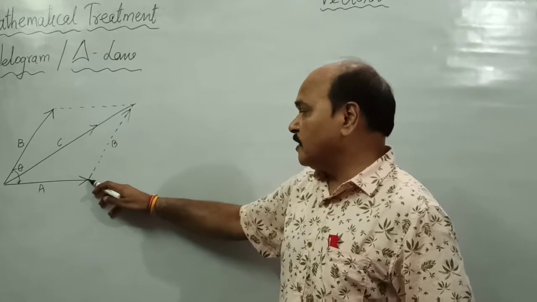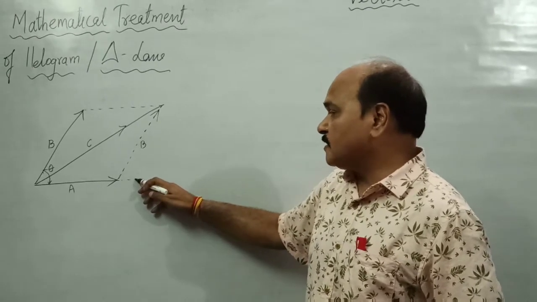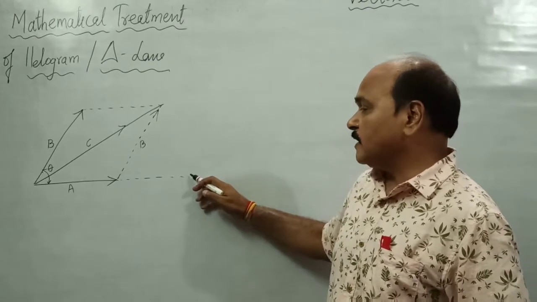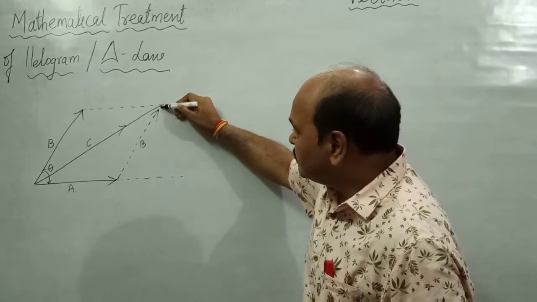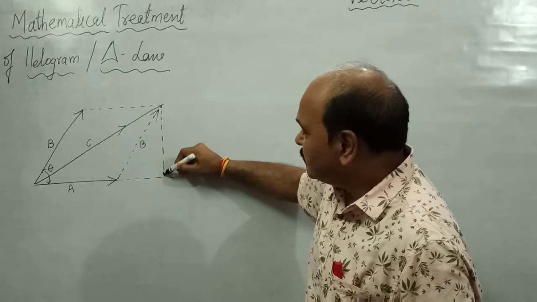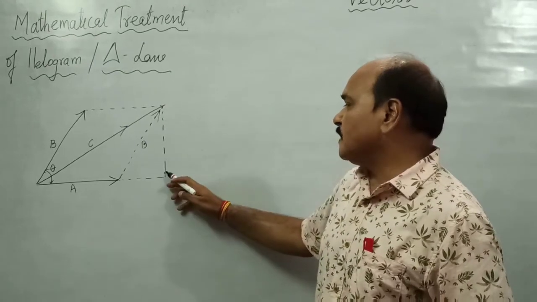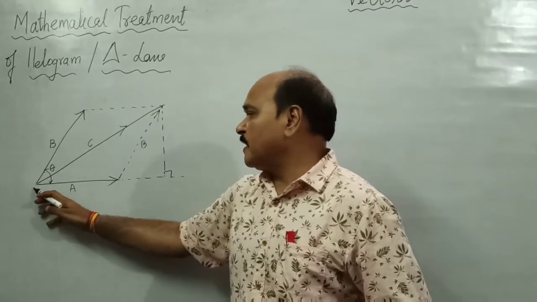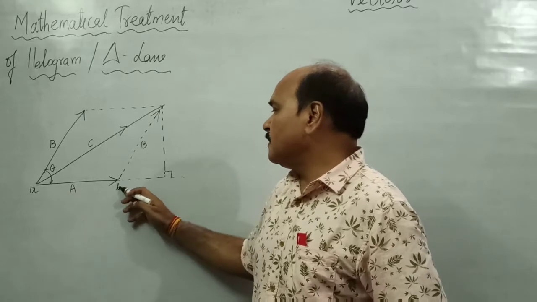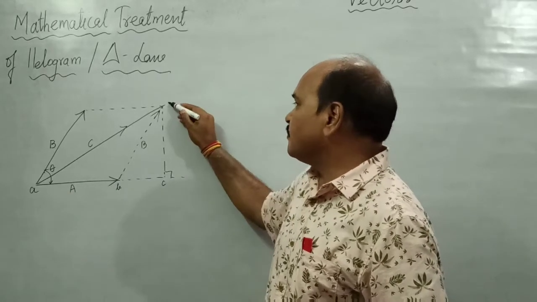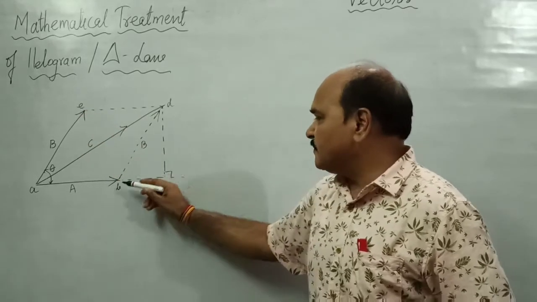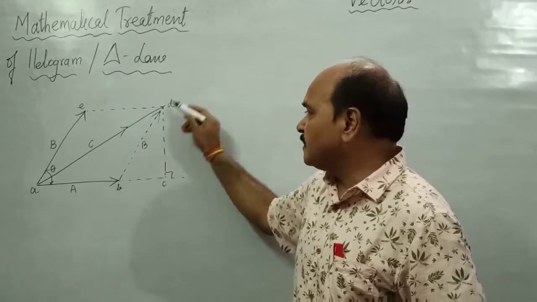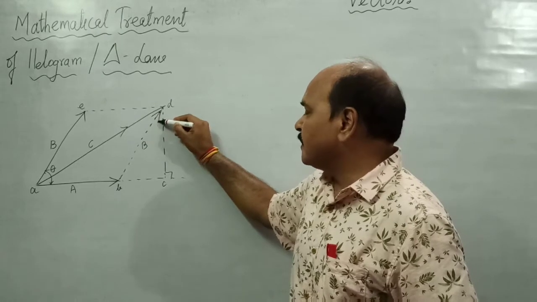Let us extrapolate the line of action of vector number 1, that is A, and from the tip of vector B, let's draw a normal here, and this normal cuts here. This is point A, this is point B, this is point C, this is point D, and this is point E. This length is B, and this is B vector.